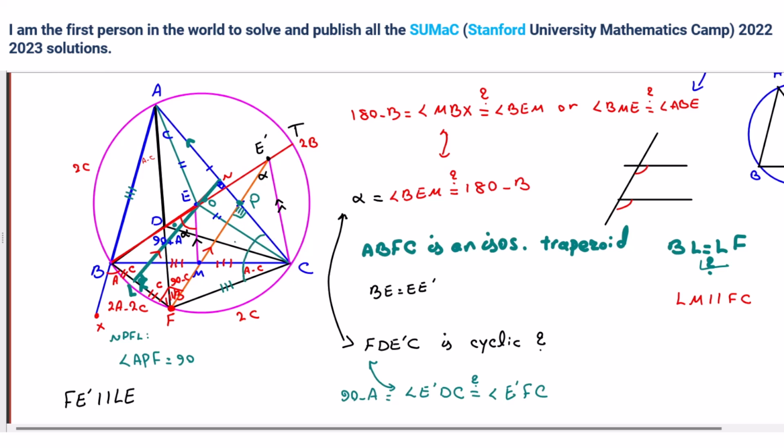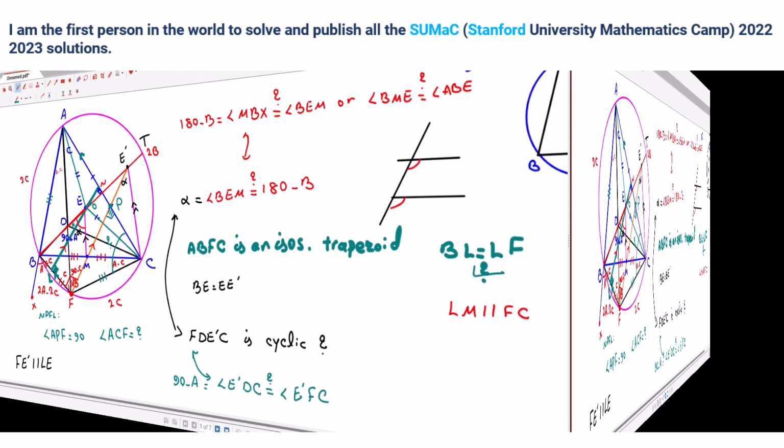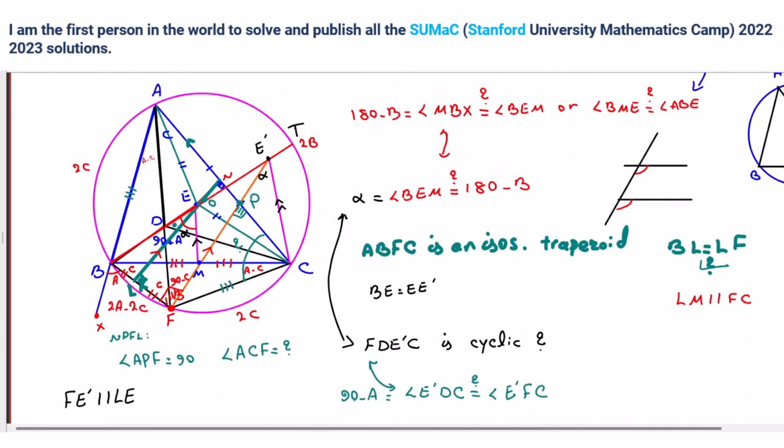And what's this angle equal to? ACF. What's ACF equal to in terms of ABC? This is just A. Yes, good job. Because A minus C plus C is A, right? So this angle is equal to A. So we found this is 90, this one is A. So what's E prime FC equal to?